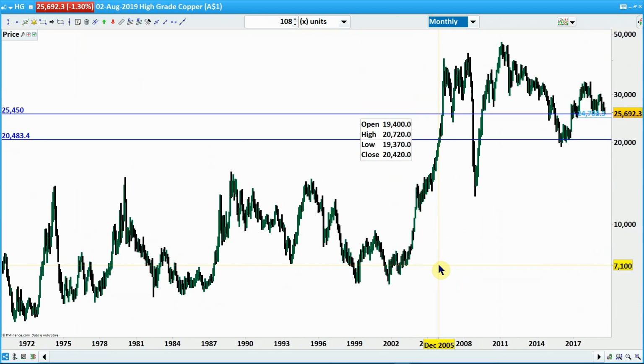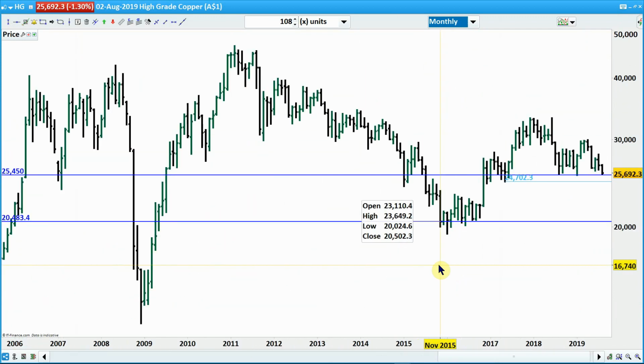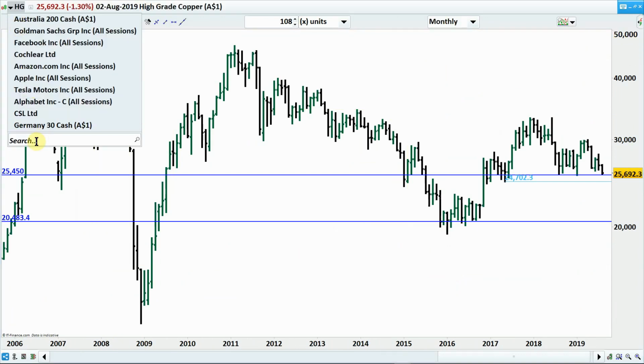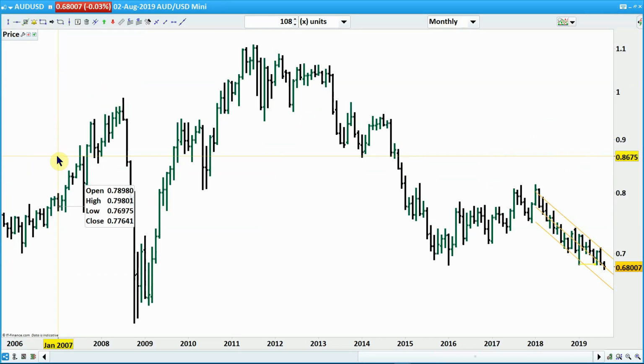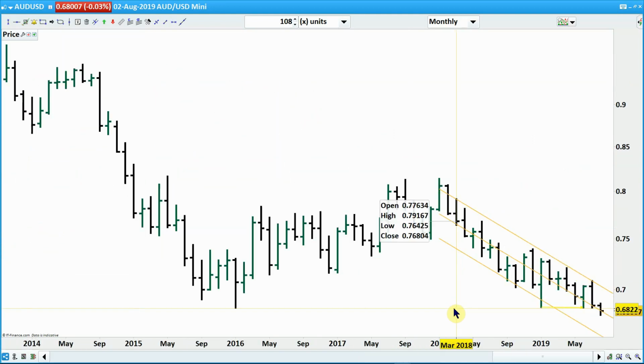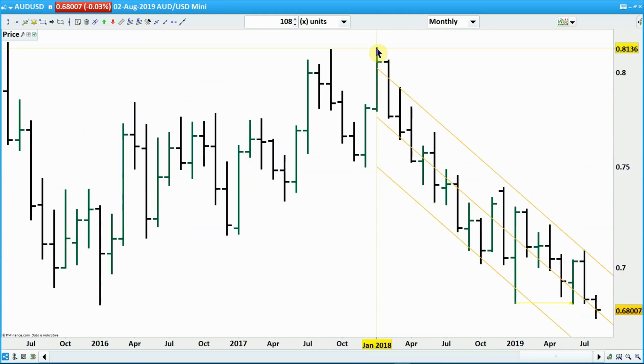For example, if we go to AUD USD, the channel I have drawn in front of you is from the highest point here, which is January 2018, and if we draw this standard deviation channel, I told you I use standard error channel for long and standard deviation channel for short.